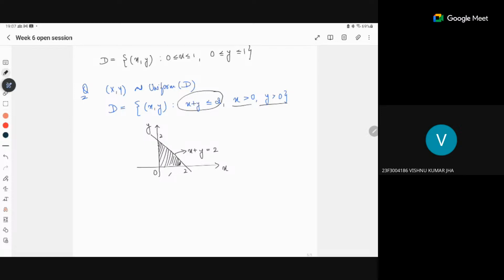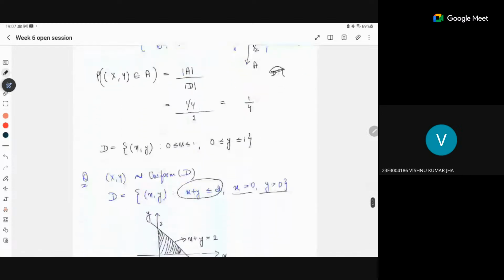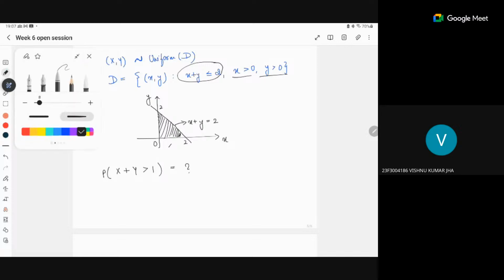Now the question is, can you find the probability? What is the probability that x plus y is greater than 1? So how will we do this?